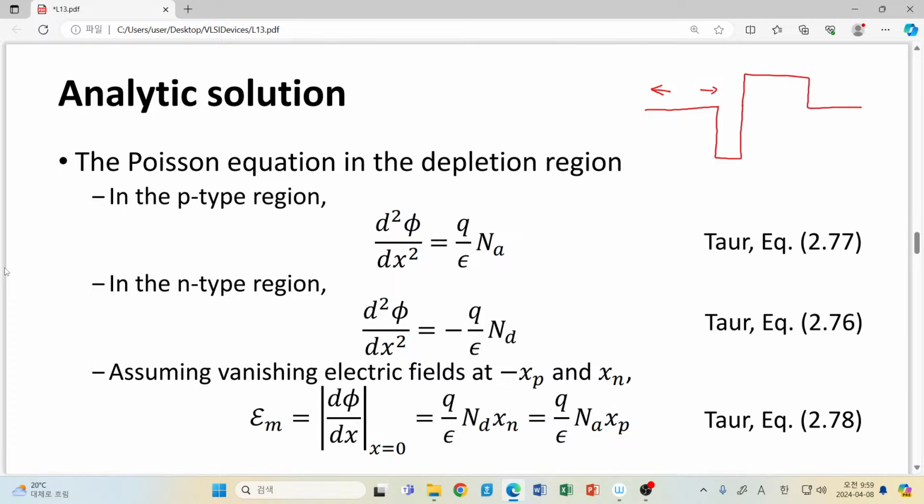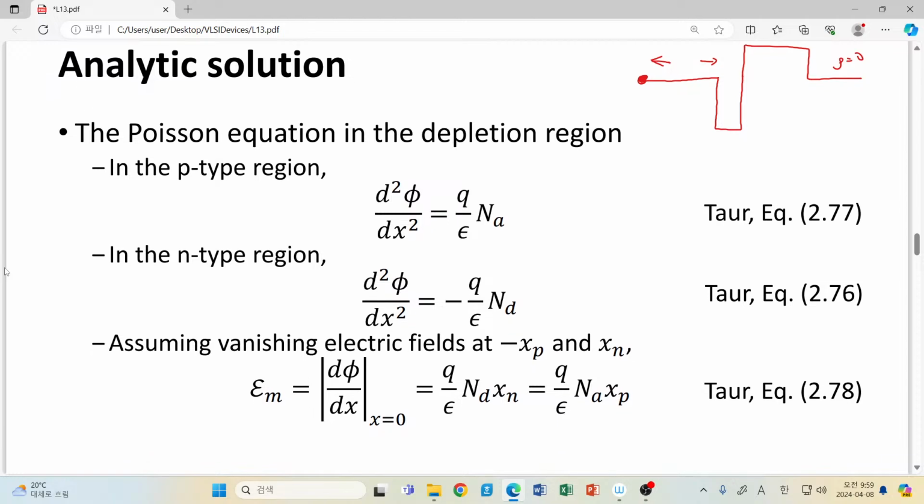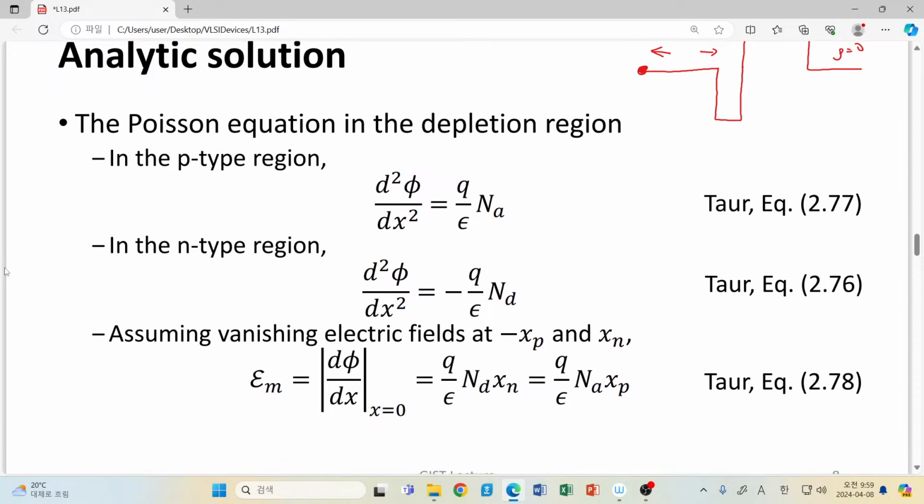After that it's over. Here we still have rho equal to 0. Then starting from this position, you can integrate it. So simply speaking, you can do it. I will just give it to you.